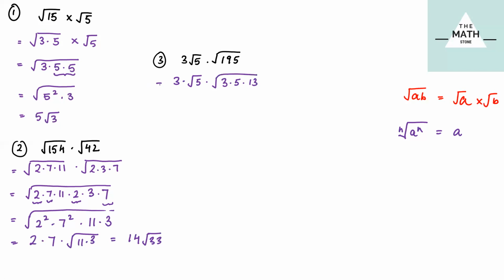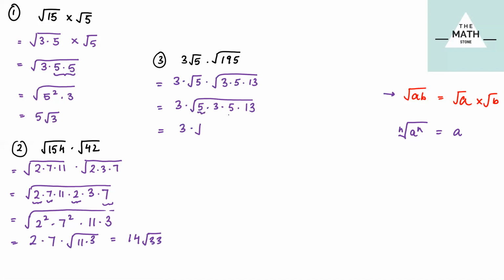Now I will apply the multiplication property of square roots. Remember that 3 is outside the square root, so 3 will remain outside. Inside the square root will come 5 times 3 times 5 times 13. Then I'm going to group the perfect squares.